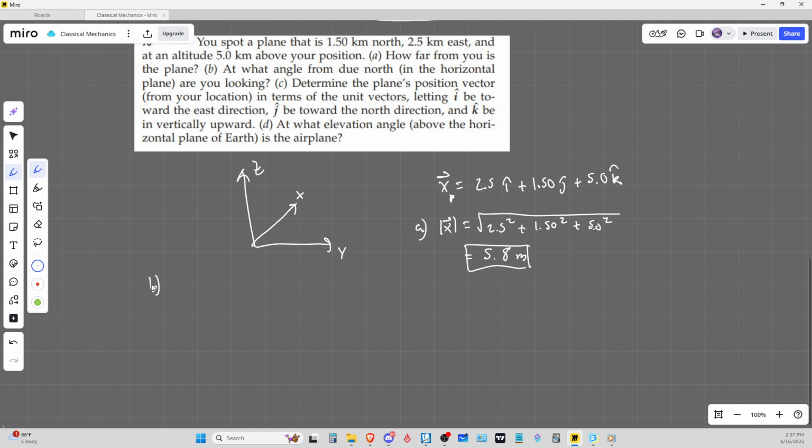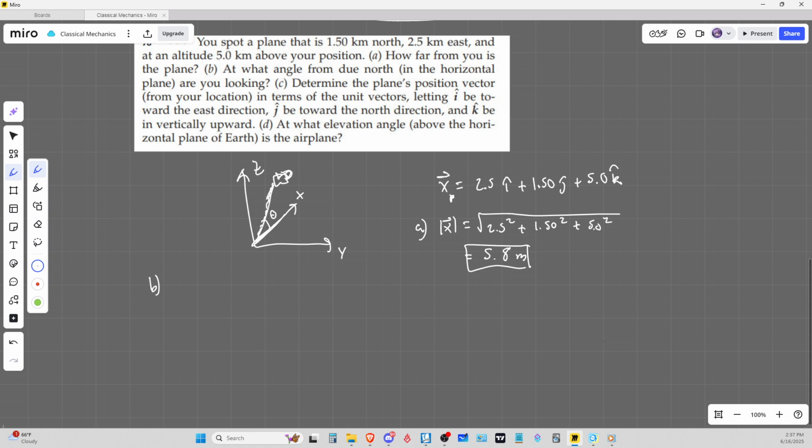From due north in the horizontal plane, are you looking? So I'm guessing from here, so let's pretend that the plane is right here. I know that's not a really good drawing of a plane, but we'll deal with it. So we have to do this angle, because it's the due north here. So we'll just call that theta.